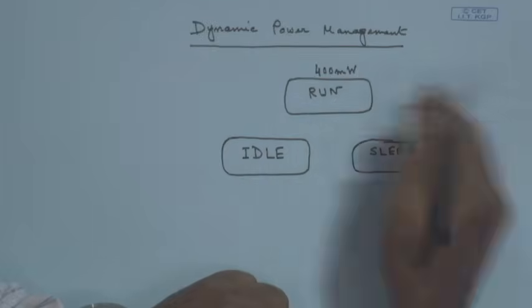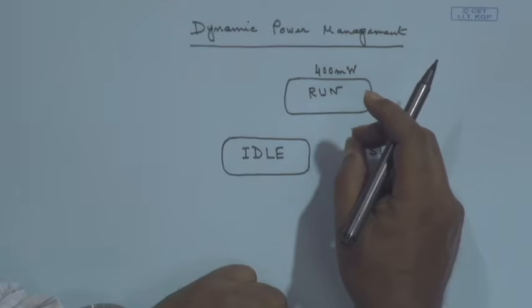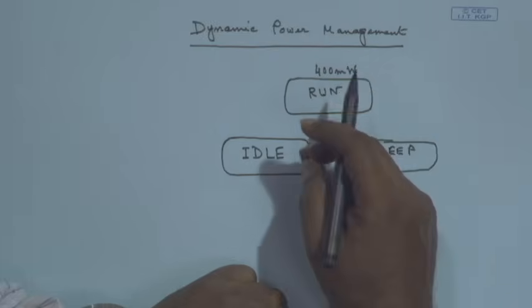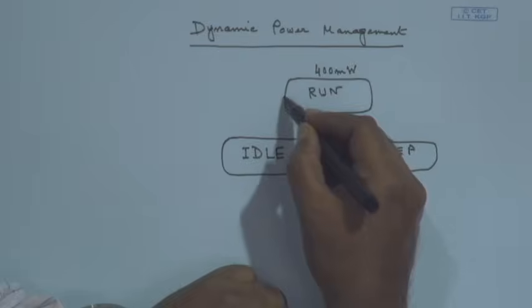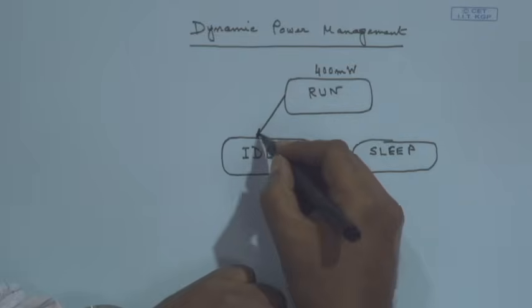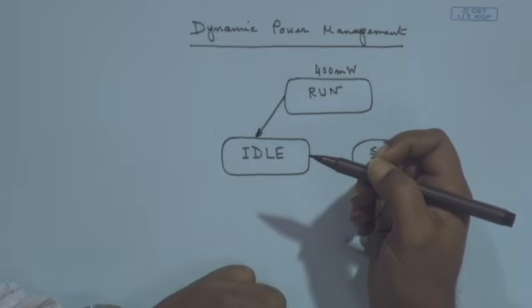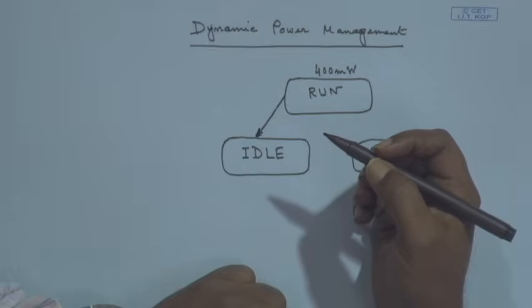Now, there are points when the CPU is not exactly running, but is waiting for some event to occur. So, till then the processor can remain idle and I can switch to the idle state. Who am I here?